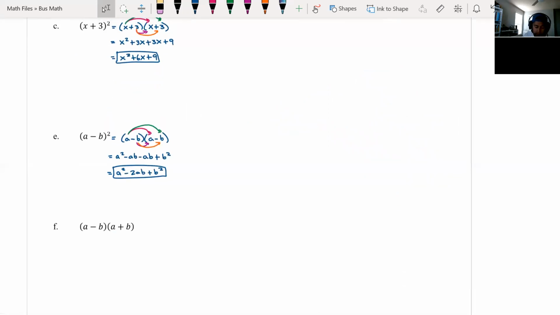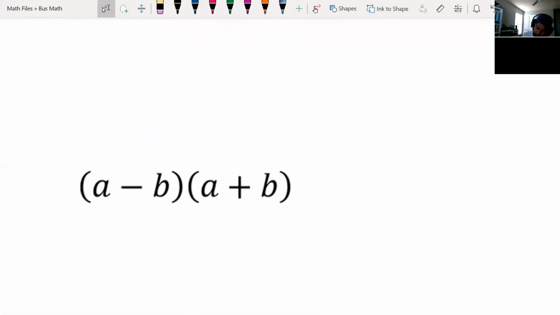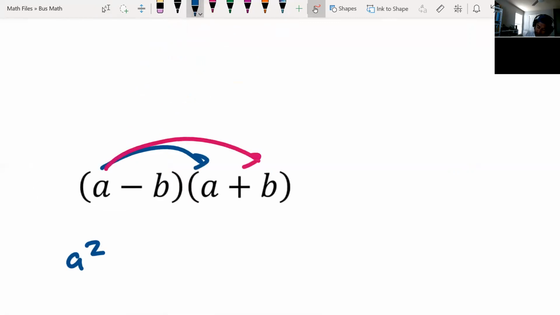Okay. Last one then. So a minus b times a plus b. So we have the two binomials. So we'll FOIL again. So a times a is a squared. A times b is plus ab.